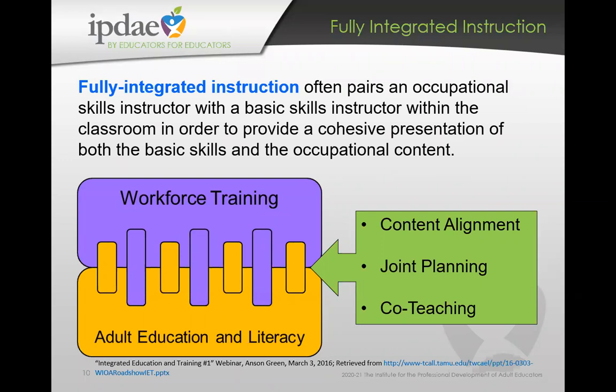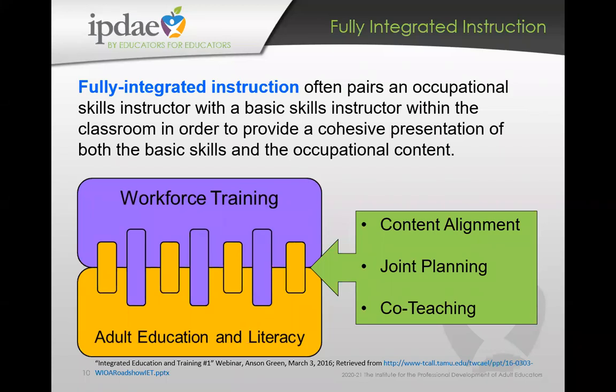Maybe you can accomplish it with career clusters. But the intention of fully integrated instruction has to be narrowed down to the career technical program itself. And once you've identified the career technical program you want to fully integrate into, then you proceed into the content alignment process.